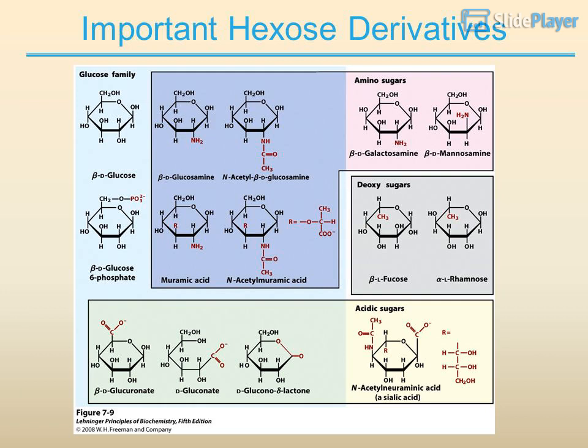Note that the deoxy sugars shown here occur in nature as the L isomers. The acidic sugars contain a carboxylate group, which confers a negative charge at neutral pH. D-glucono-delta-lactone results from formation of an ester linkage between the C1 carboxylate group and the C5, also known as the delta carbon, hydroxyl group of D-gluconate.